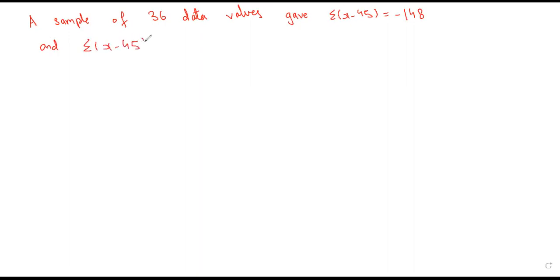So let's talk about a question. It is also a past paper question. It says, a sample of 36 data values give summation x minus 45 equals minus 148, and summation x minus 45 squared equals 3089.